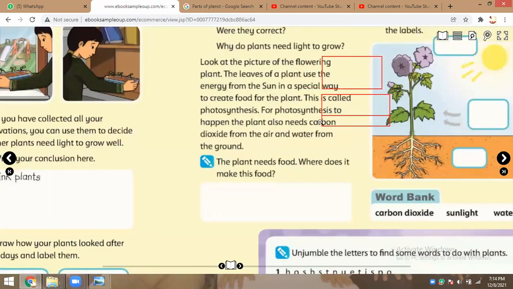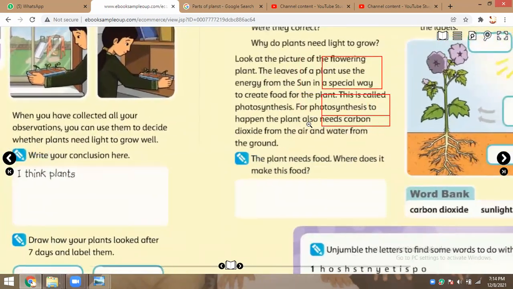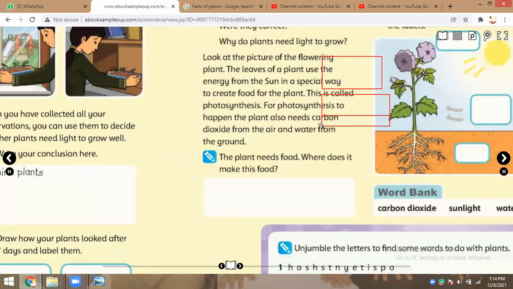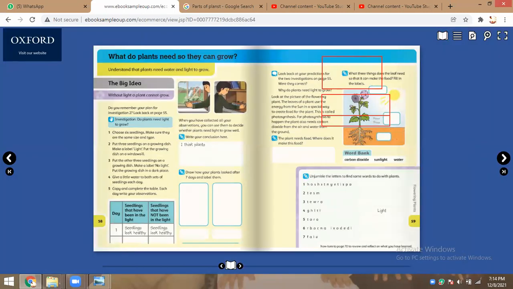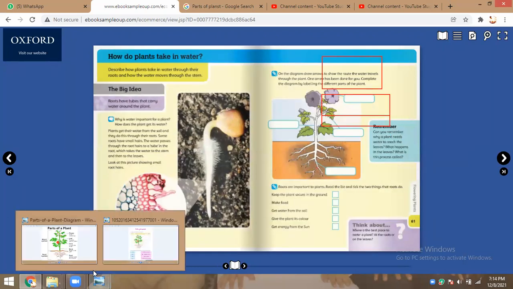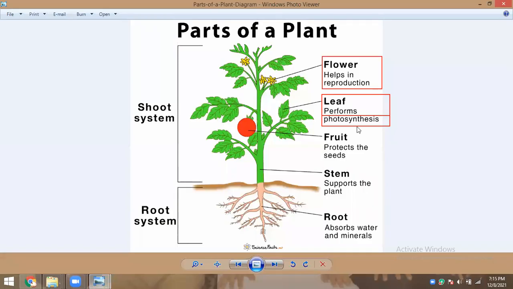For photosynthesis to happen, the plant needs carbon dioxide and air. We did this yesterday. You forgot? That is called photosynthesis. Photosynthesis is the process in which plants make their food. Don't forget. Okay, Safwan, got it? And all of the others.